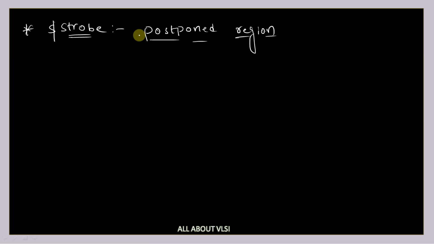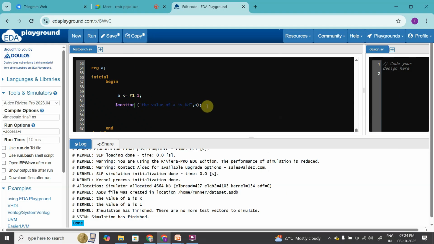For example, if you are using your $display, let me erase this. If you are using your $display, the value of a is %d, a, and if you are using a non-blocking assignment, what will be the value that will be printed? Displaying from display task.